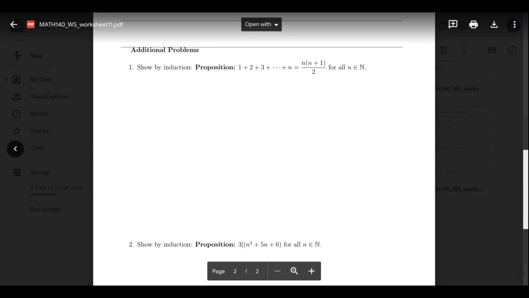So this is P of n. 2 to the power 0, 2 to the first power, so on and so forth to 2 to the n minus 1 power equals 2 raised to n minus 1. Then you want to use this assumption to prove for n plus 1. To prove for n plus 1 is some algebra.